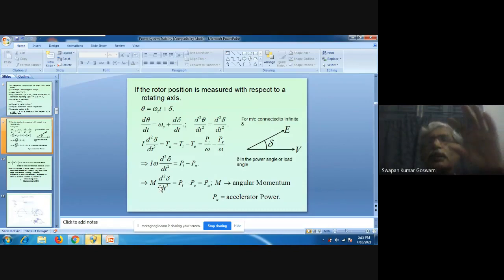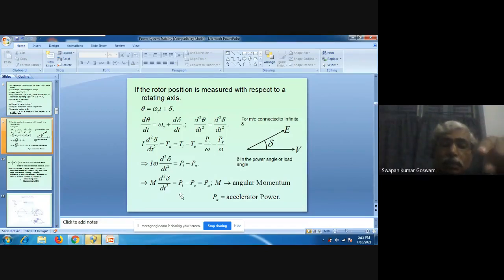And when you are analyzing the stability problem for a large power system, with a number of generators connected, you have to solve the swing equation for each and every machine. So you see that solving the transient stability problem is rather a difficult and involved process, because so many differential equations are to be solved.